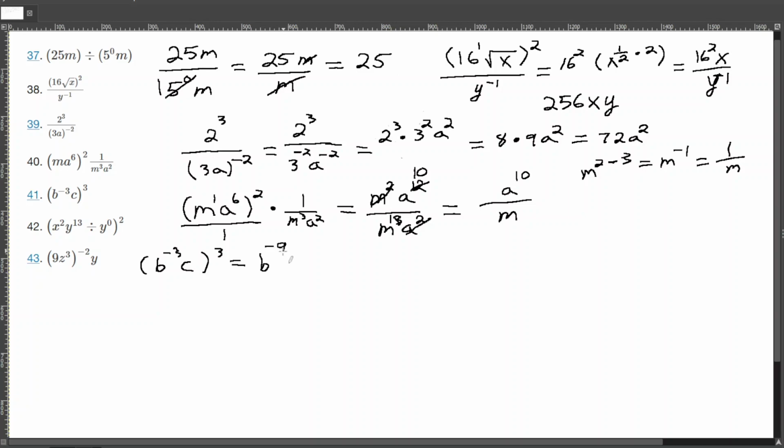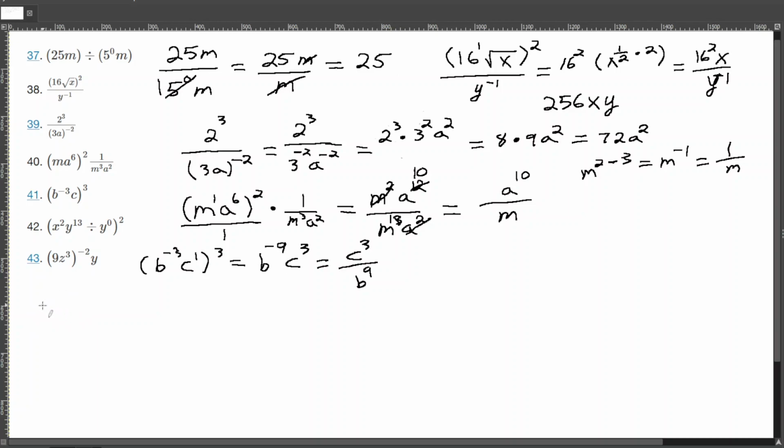It's the power rule: -3 times 3, -9. And then c to the 1st times 3 is just going to be c cubed. Now we pull the 9 to the bottom. So we have c cubed over b to the 9.